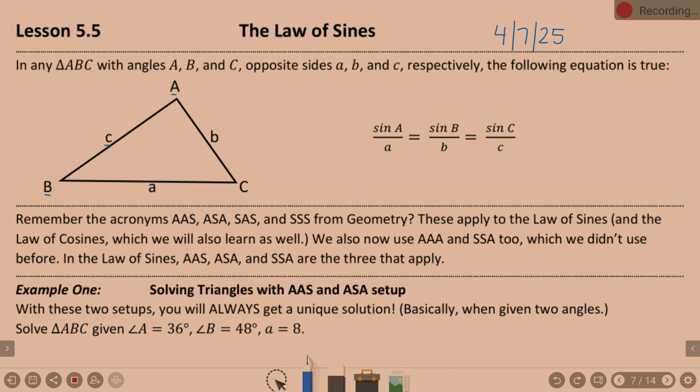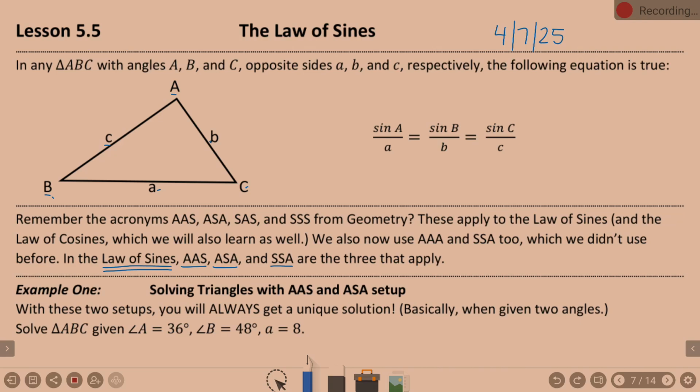Now, specifically today, law of sines. We have angle, angle, side, angle, and side, side, angle. So if we have a triangle given those three pieces of information, whether it be angle, angle, side, angle, side, angle, or side, side, angle, we can find missing information.